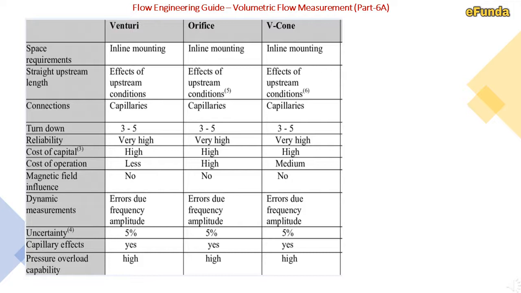In the table, we have provided some of the key factors to be considered while selecting these instruments: space requirement, straight length, that is upstream and downstream requirement, connections, turn down, reliability, capital cost, cost of operation, magnetic field influence if any, dynamic measurement and uncertainty, capillary effects, pressure overload capability. These are the few points one has to consider while selecting an instrument for volumetric flow measurement.